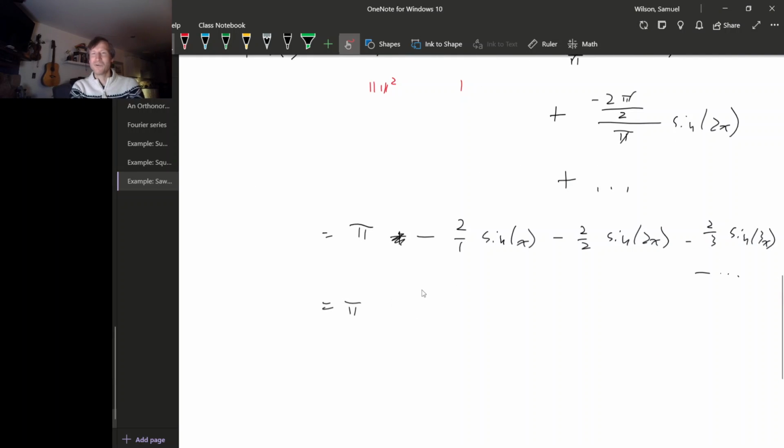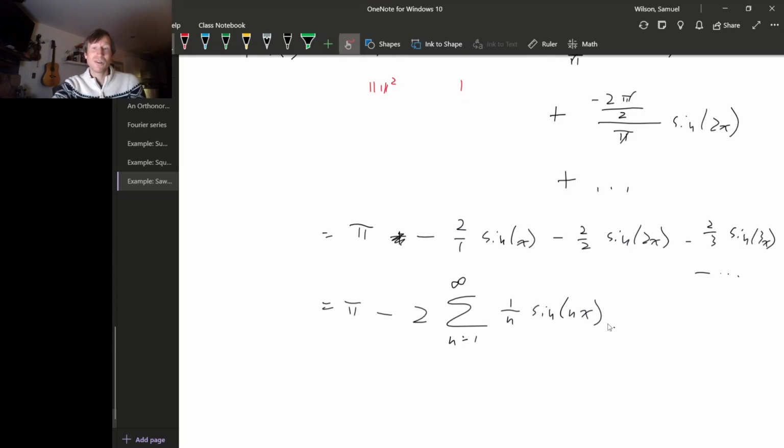So we could write this as pi minus 2 times the sum from n equals 1 to infinity of 1 over n times sine nx.